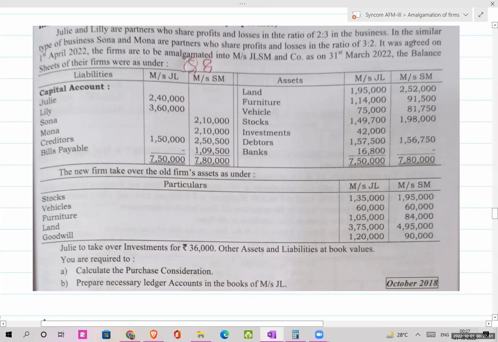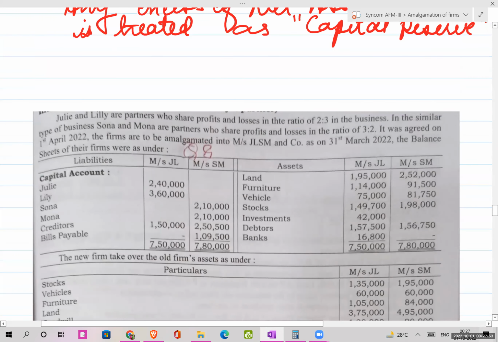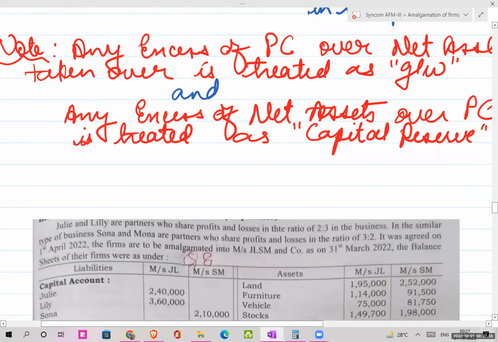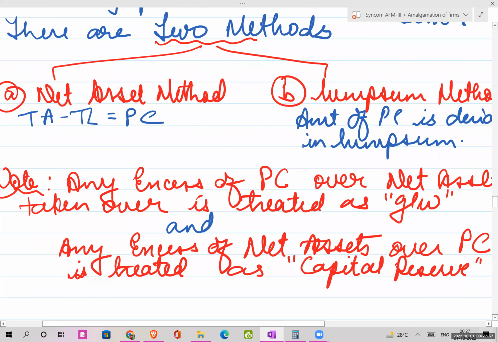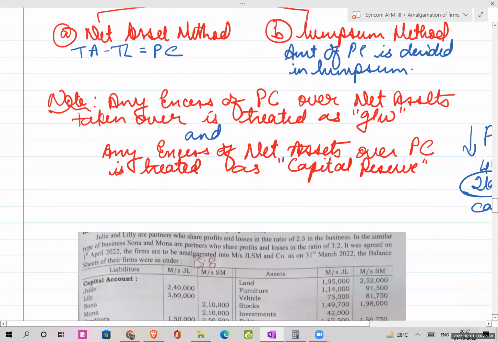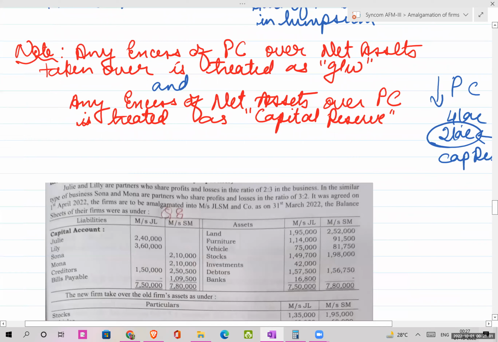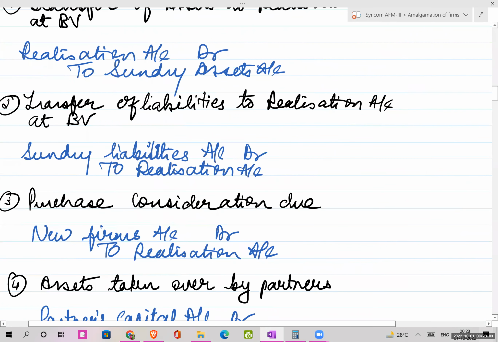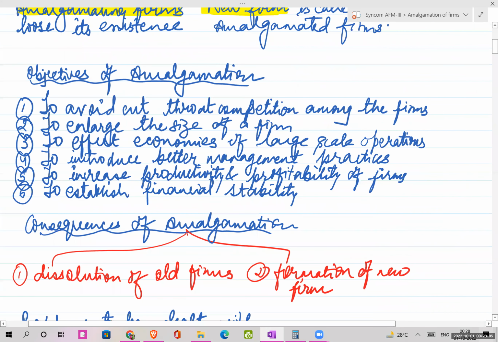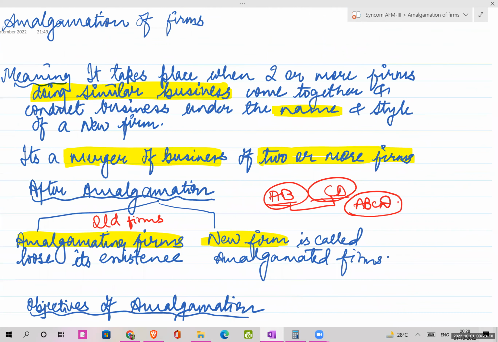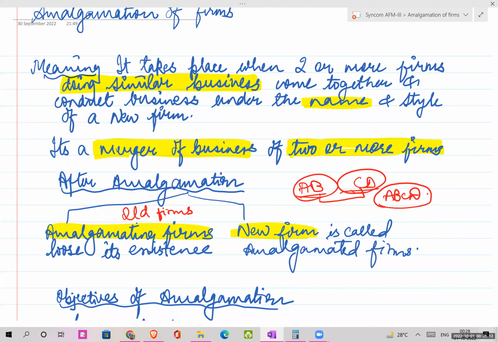Okay, so last lecture we were done with the theoretical part of amalgamation. Let me have a quick preview of the theory part that we had done. I told you the meaning of amalgamation: when there is a merger of similar kind of business, where two or more firms come together under a common name, they give a new name to the firm.